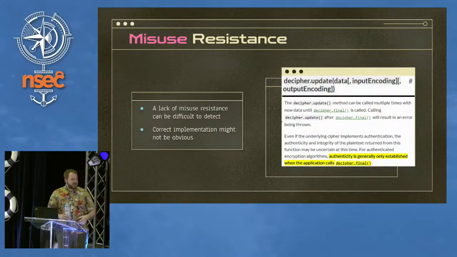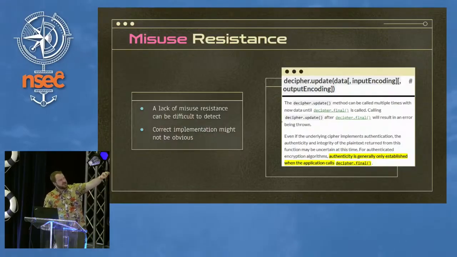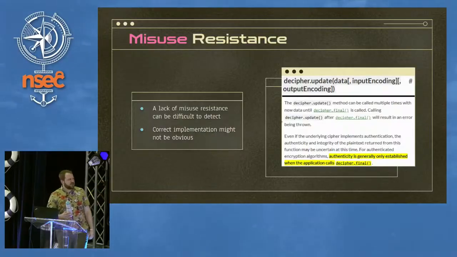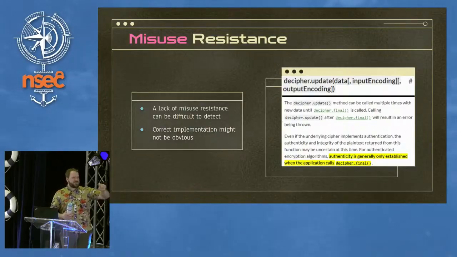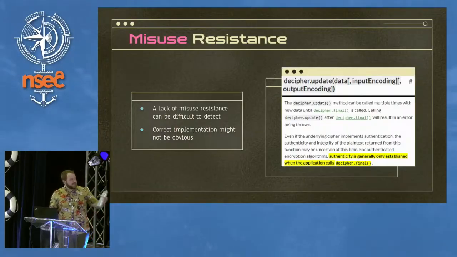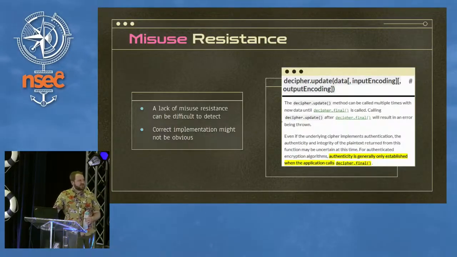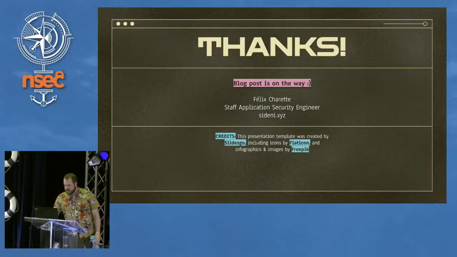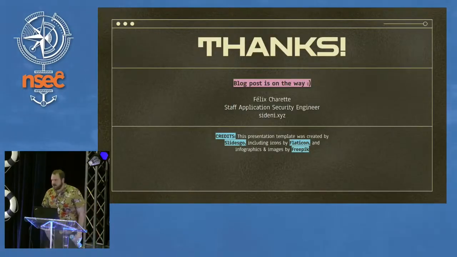If you do, for example, decipher.update, then manipulate that data, make sure it's valid, and then do the .final because you've been told you need to, well, you have an oracle at that point, where you've been playing with data that has been decrypted without the integrity check. That's another talk for some other time. Thanks for listening. If there are any questions.